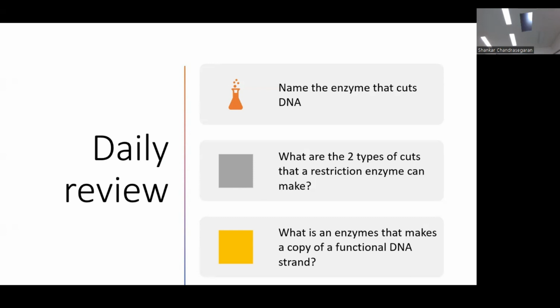Okay, if this is a full DNA, two strands, one type of cut will be like this, where it leaves an overhang, sticking out, where there are nucleotides sticking out that can bind. Another one is where the cut makes a perfect incision right between the restriction site.